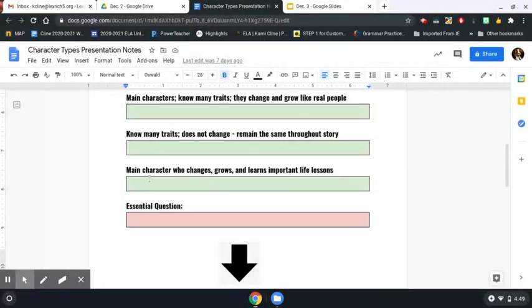So right here where it says the main character who does not change is static. I think these are backwards. Anyway, make sure this one where it says character that does not change is static, and the main character who does change is dynamic. So static here, dynamic here.